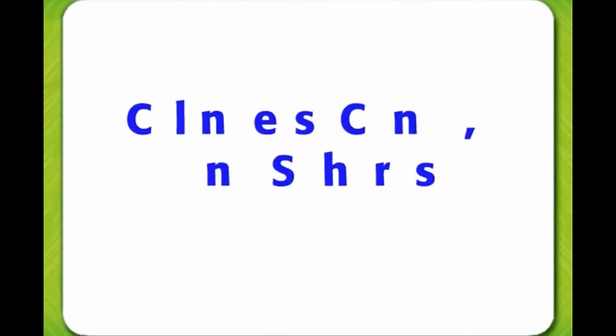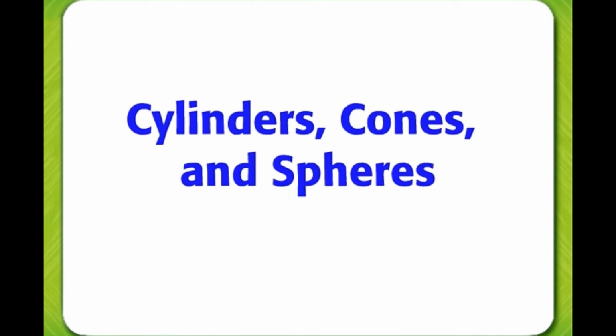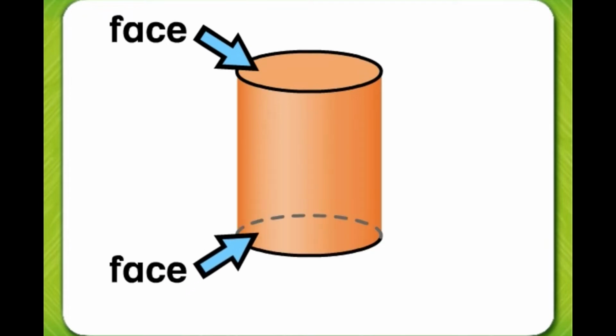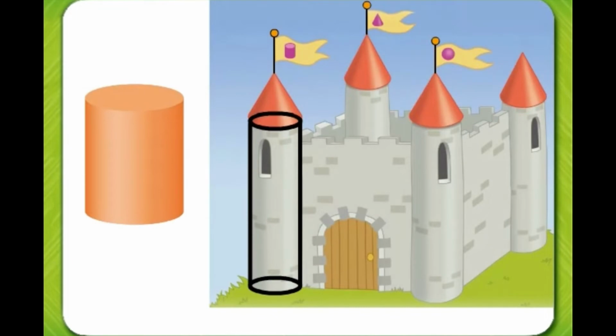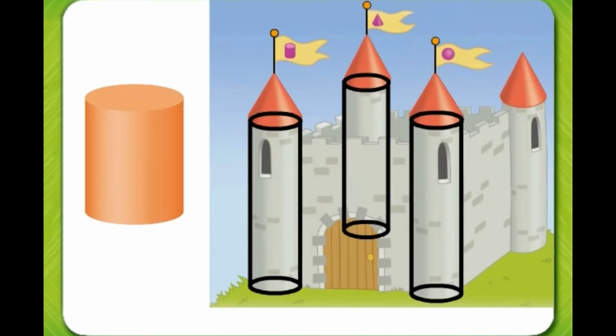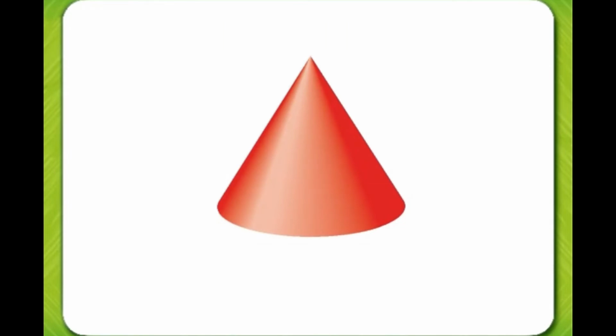Let's watch this video to learn more. Cylinders, cones, and spheres. This is a cylinder. A cylinder has 2 faces and no vertices or edges. These castle towers are shaped like cylinders. This is a cone.